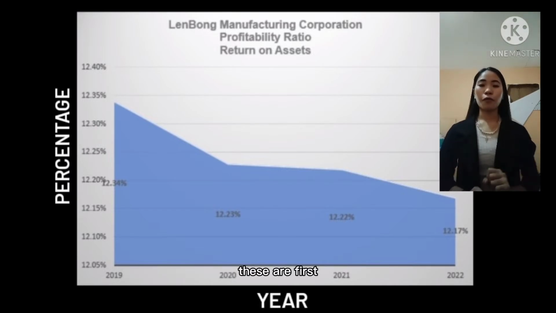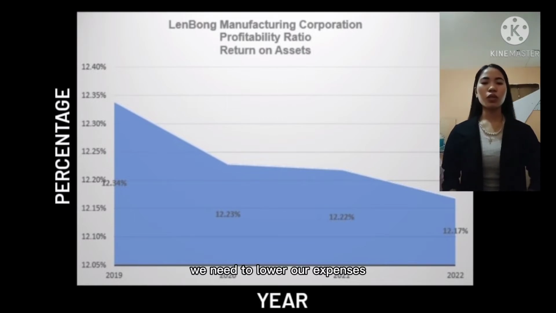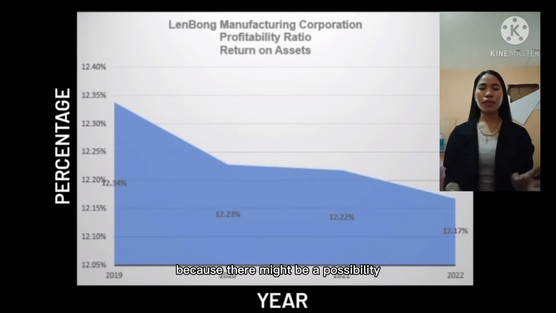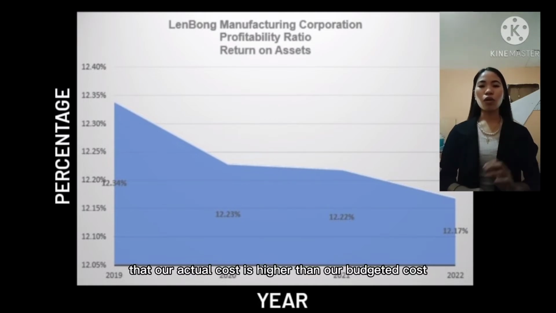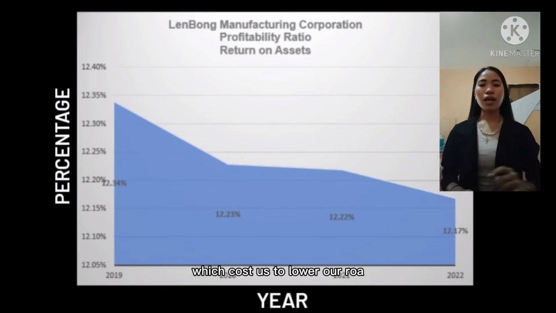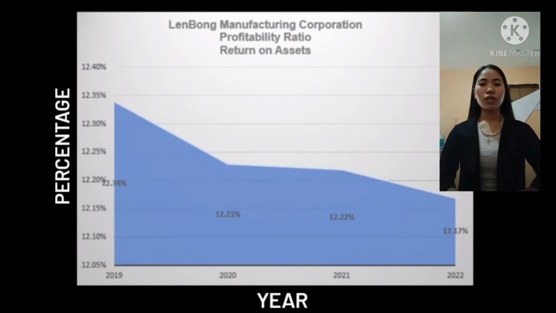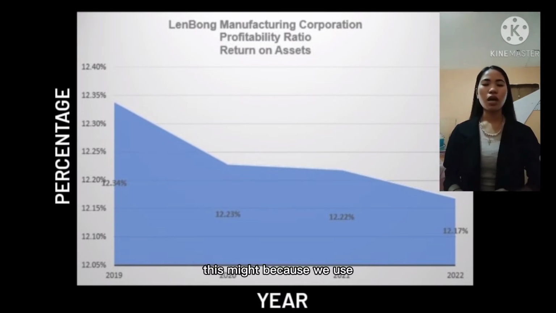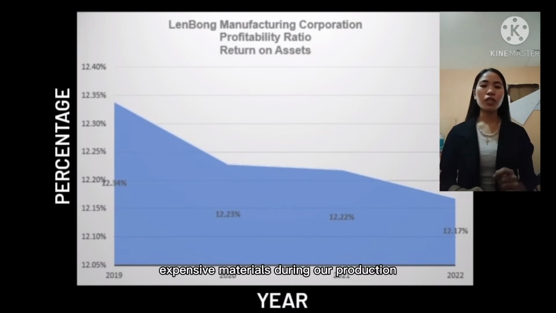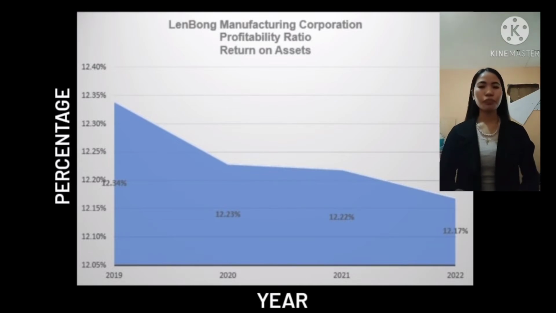First, we need to lower our expenses because there might be a possibility that our actual cost is higher than our budgeted cost, which causes us to lower our ROA. However, this might be because we use expensive materials during our production.